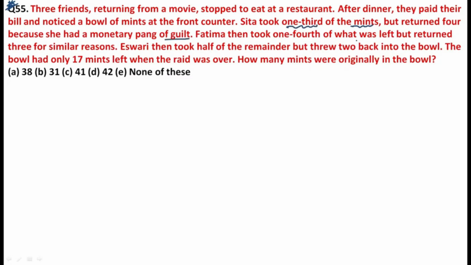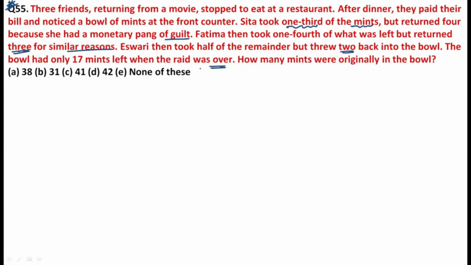Fatima took one fourth of what was left, but returned three. Ishwari then took one half of the remainder, but threw two back into the bowl. The bowl had only 17 mints left when the raid was over. How many mints were originally in the bowl?